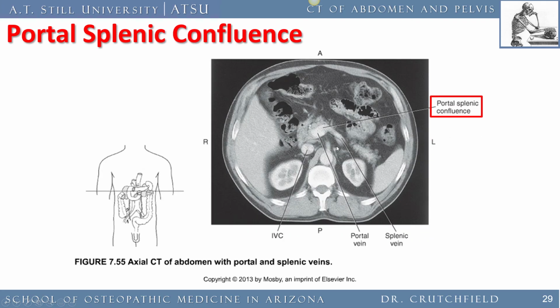So where our splenic vein joins into the portal vein, we call it the confluence, the portal splenic confluence. Here's the aorta, we see it giving off a branch. This is probably the superior mesenteric artery here.